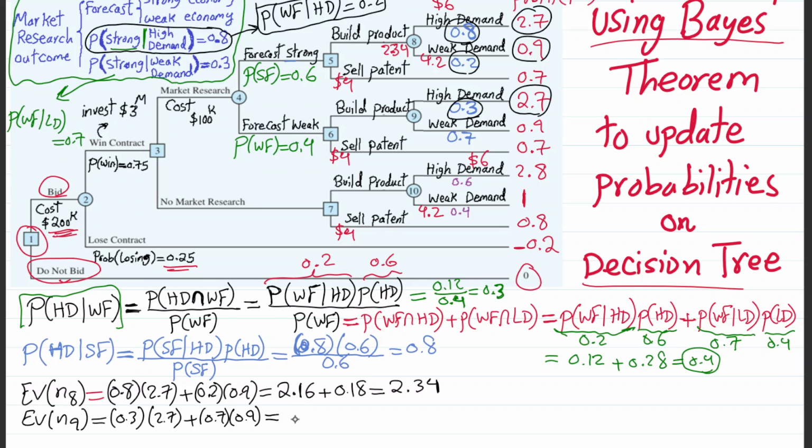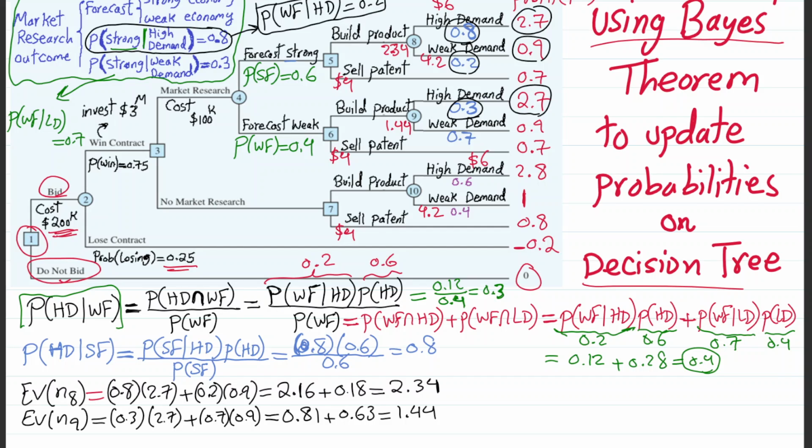This time we will have 0.81 plus 0.63. So the sum will be 1.44. I'm going to write it right beside node 9, $1.44 million.